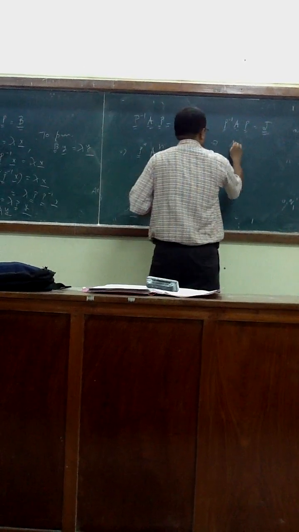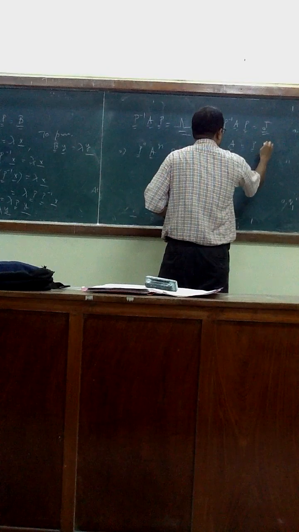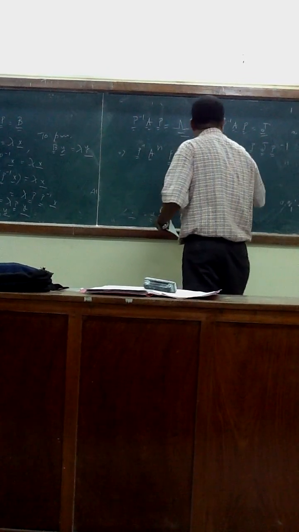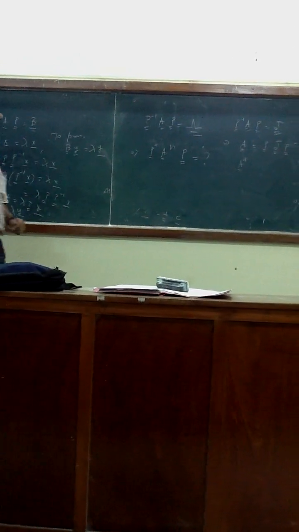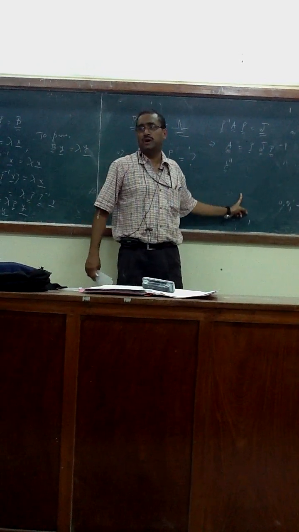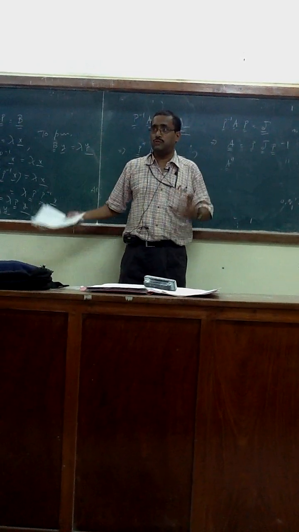You can also write this as A equals P J P inverse. See, what I am trying to say here, you have to find out A to the power n, right? In this e to the power A series, you have to find out A square. Now, I will show you how this will be useful to find A square, A cube. Otherwise, for a big matrix you have to go on multiplying.